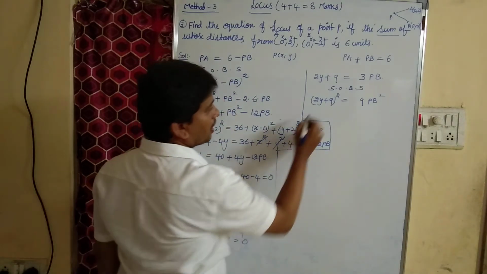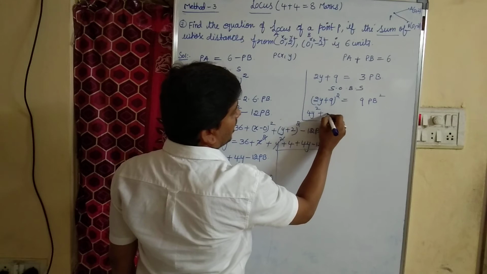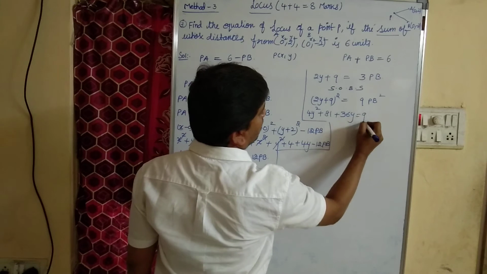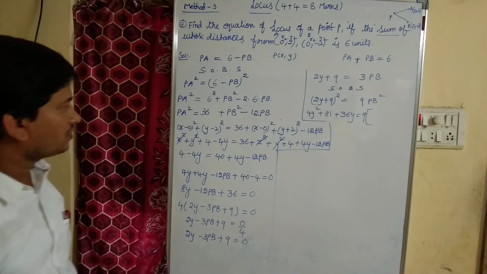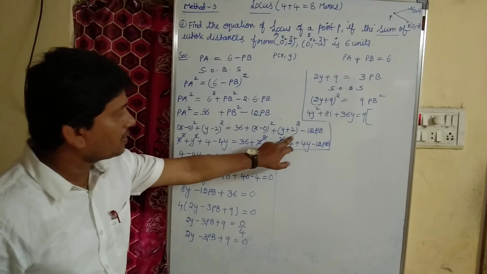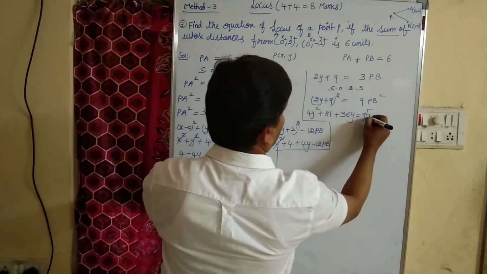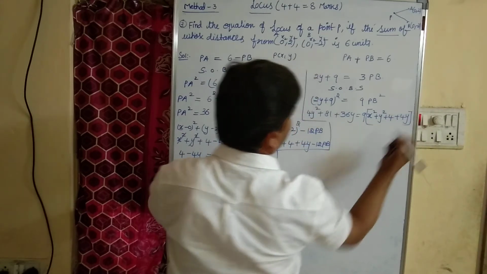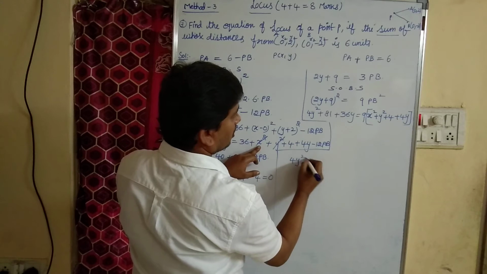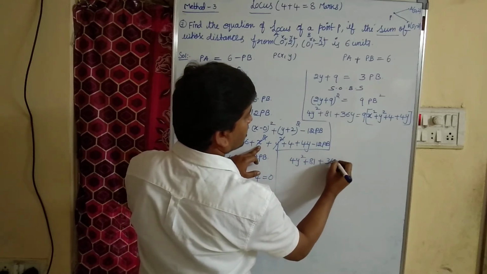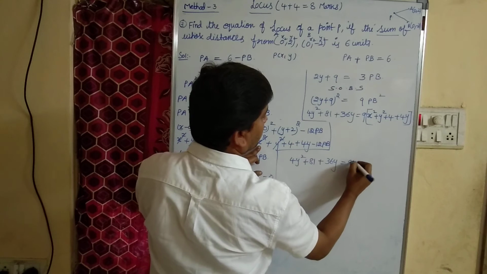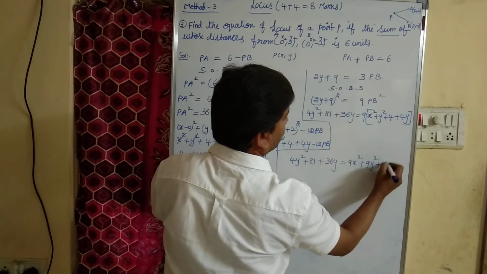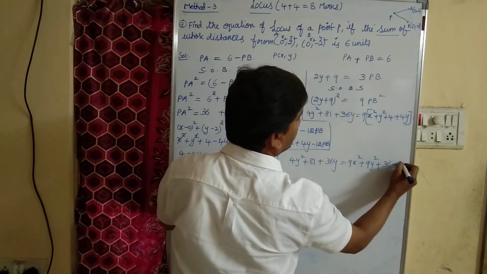Again the a plus b whole square formula. So a square is 4y square, b square is 81, plus 2ab, 2 into 2y into 9 is 36y, equal to 9 into PB square. What is PB square, children? This is our PB square: x square plus y square plus 4 plus 4y. So 4y square plus 81 plus 36y equals 9 into x square, 9x square, 9y square, 9 into 4 is 36, and 9 into 4y is 36y.